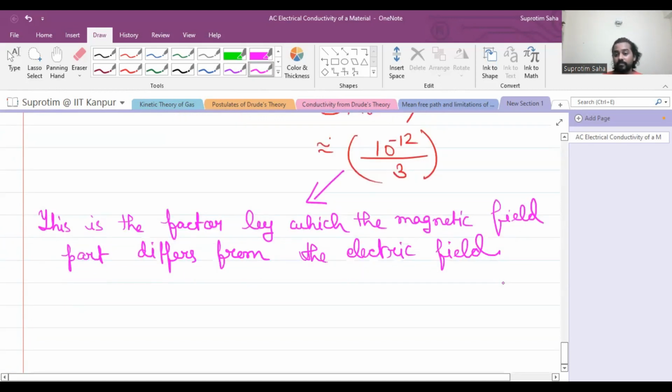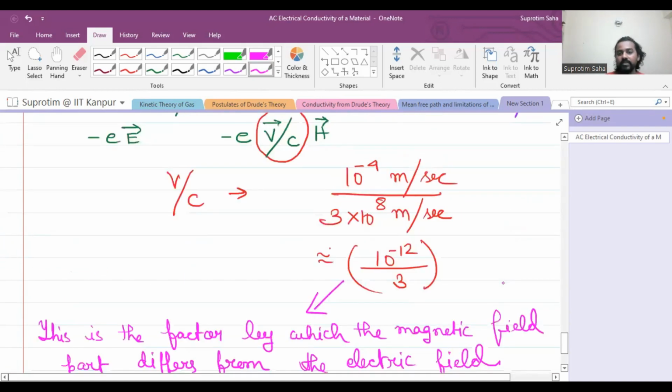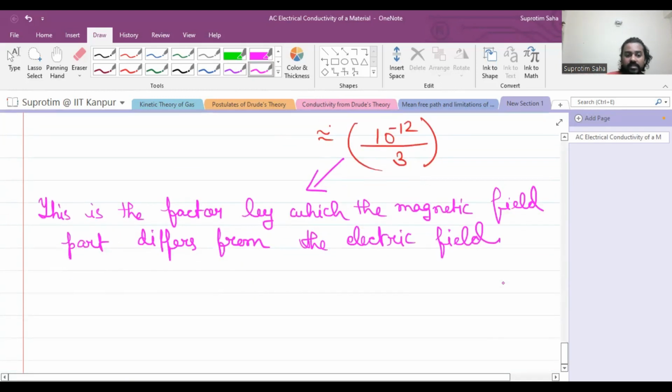See, this is very, very small. If electric field and magnetic field are on the same footing, the other is scaled by a factor of 10 raised to minus 12 to 10 by 3. So this is negligible.